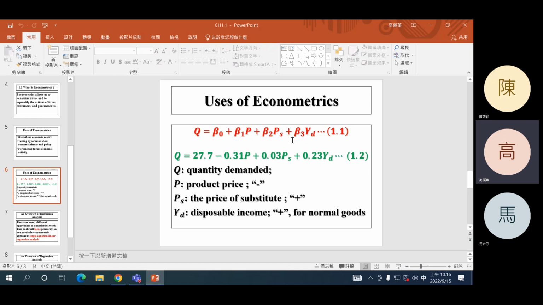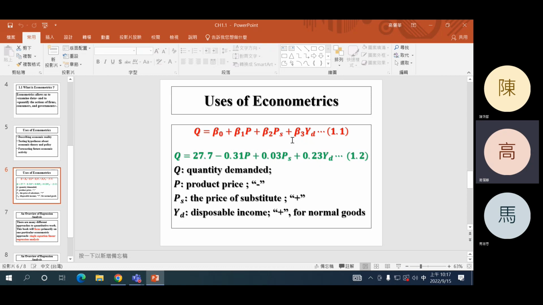For the equation, Q on the left hand side is defined as the quantity demanded. In economic theory, or if you haven't taken economics before, never mind, just think about a relationship with some quantity demanded, maybe for the iPhone.